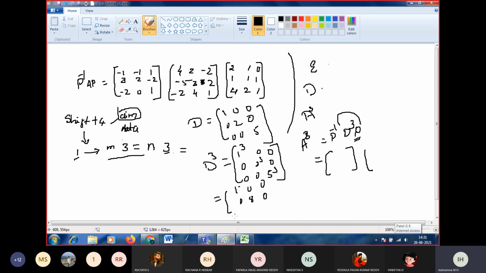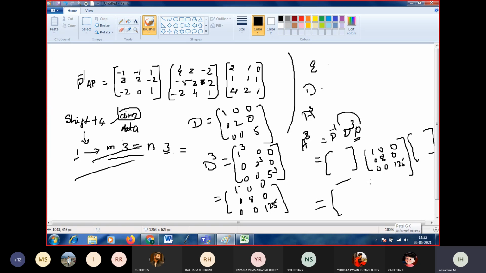What is 5 cube? 5 5s are 25, 25 5s are 125. You substitute P inverse and P values here. As I explained how to multiply three matrices using your calculator, you multiply, and that will be your A cube. Clear?